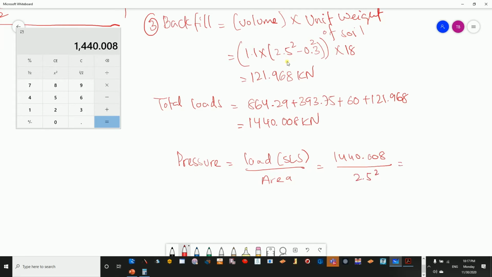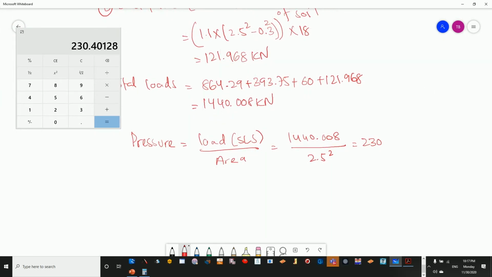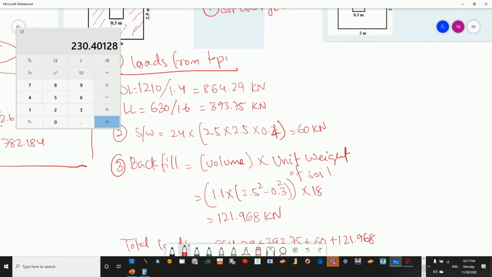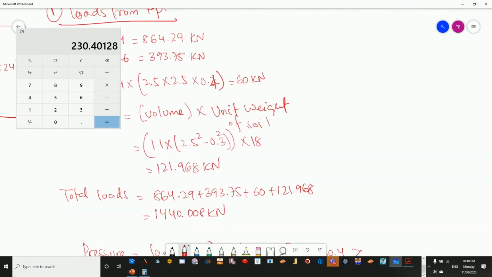Okay, so 1440 divided by 2.5, and then 2.5. So the loading pressure is 230.4, which is more than the capacity of the soil. The soil can take only 140, so it means that this is failing.